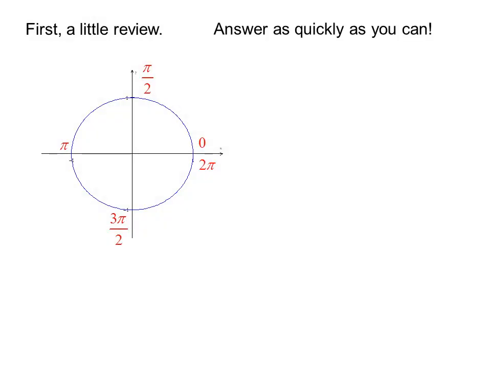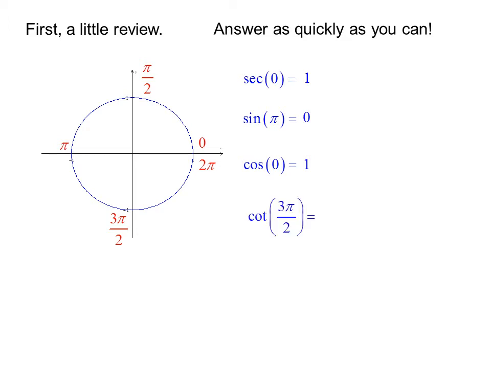First, a little review. Answer as quickly as you can. Secant 0 is 1. Sine pi is 0. Cosine 0 is 1.